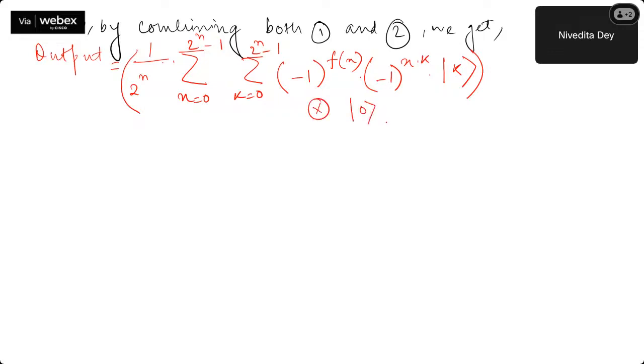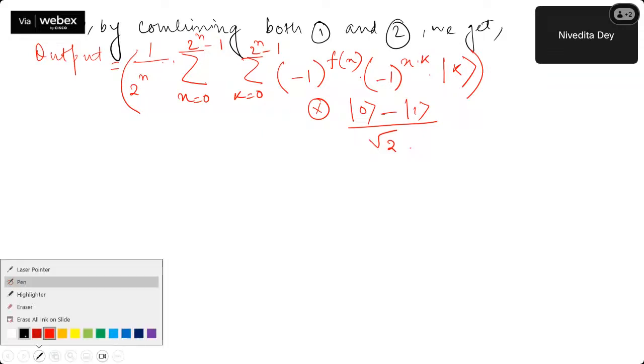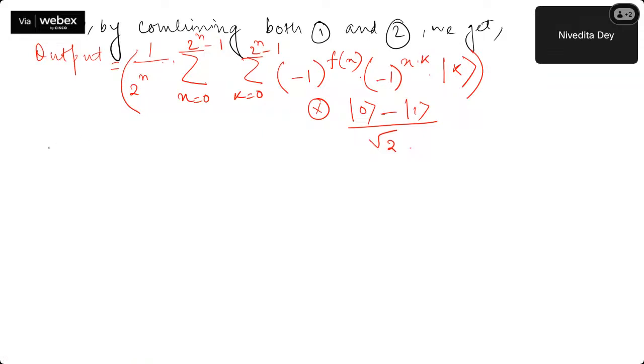Since here also it is independent of x, I have not done anything with this part. So this is the final output that we get by representing both of the equations together.